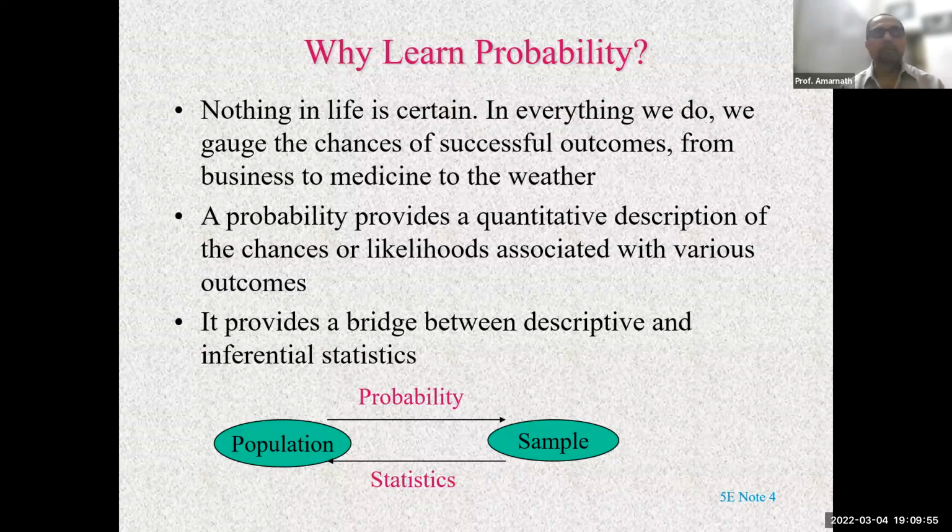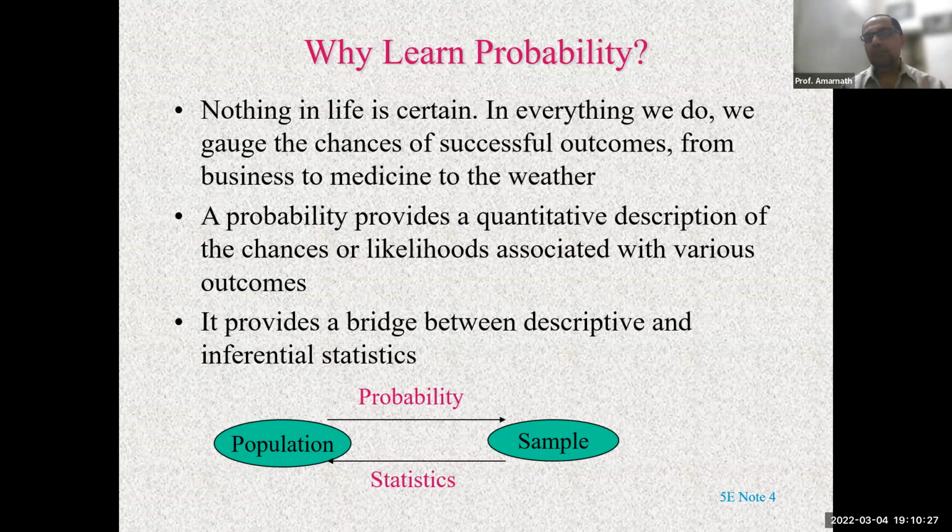Population means, for example, the population of India, like a complete census. If you want to study the buying patterns of Indians, you need not study each and every one of the 140 crore people. Even 1,000 or 2,000 samples should give us the buying patterns.